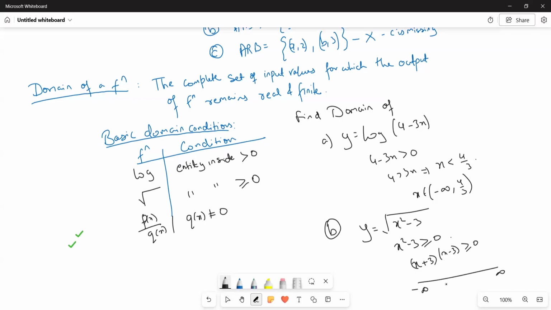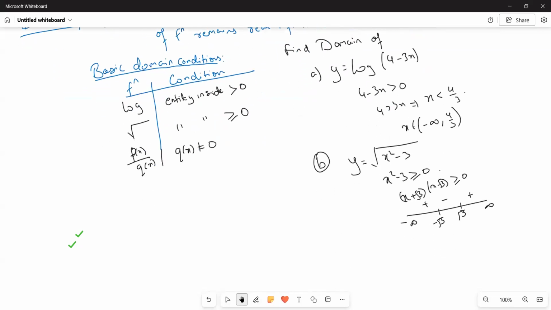Roots आ गया -√3 and √3. पॉजिटिव नेगेटिव पॉजिटिव, अपने को क्या चाहिए? पॉजिटिव चाहिए. So the answer for this will end up becoming x belongs to (minus infinity, minus √3] union [√3, infinity).